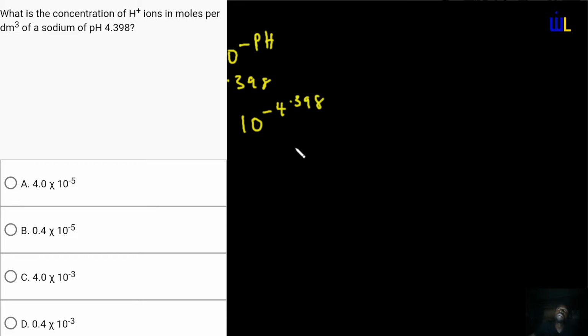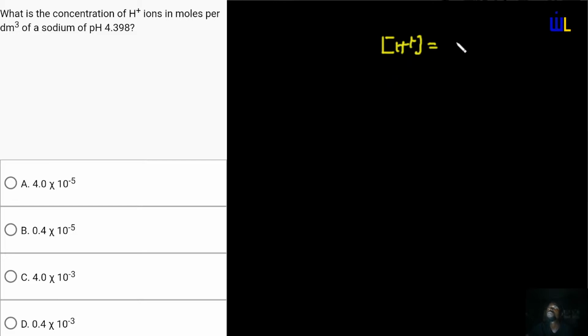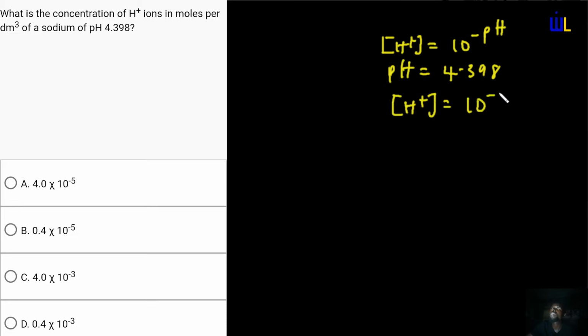So the concentration of hydrogen ion equals 10 raised to power minus 4.398. In the JAMB calculator, you can do raised to power.